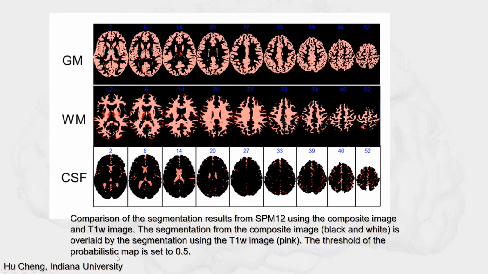The threshold of the probabilistic map is set to 0.5. You can see that the overlap between these two segmentations is very good. There's a very large overlap. The discrepancy is pretty small, like the pure white or red color.